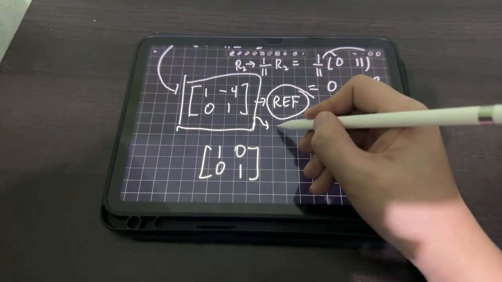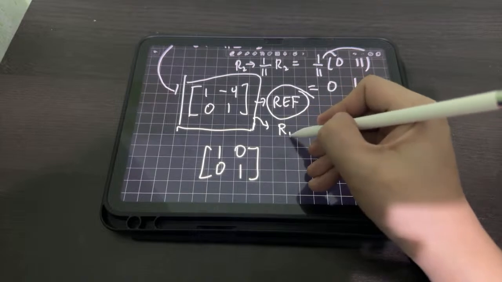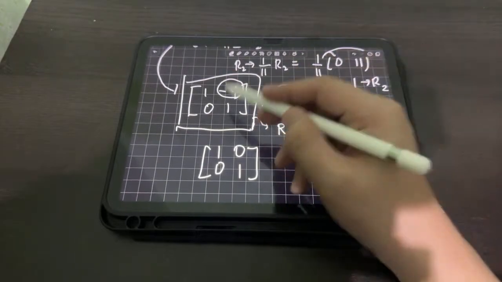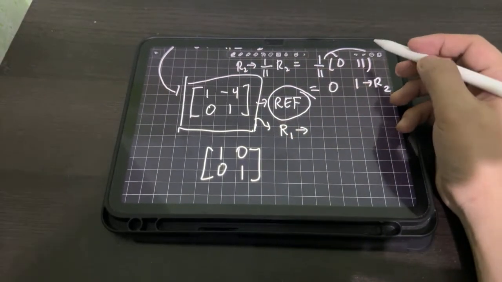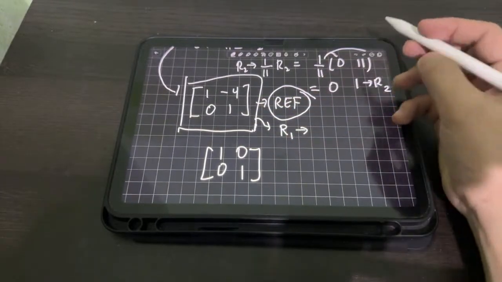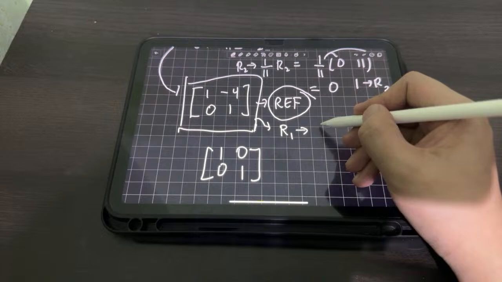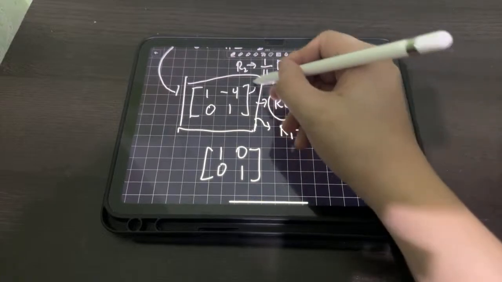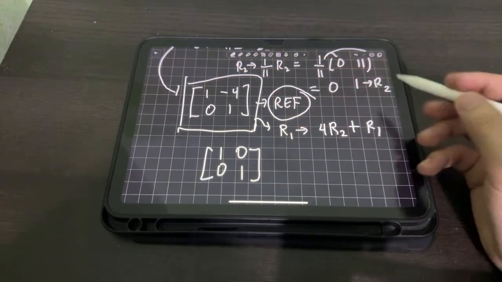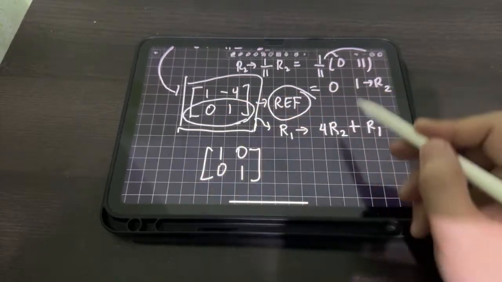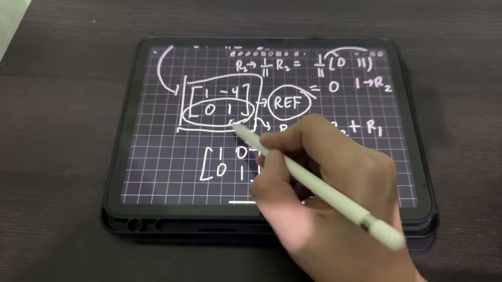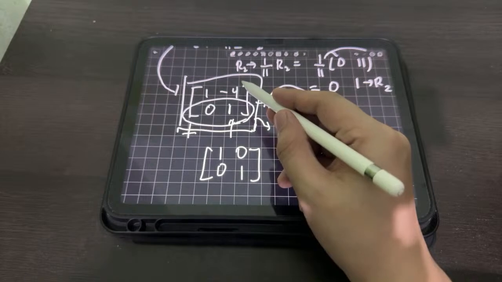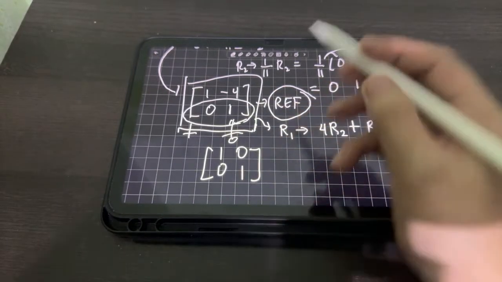So if we do R1 equivalent to, we should make this negative 4 into 0. So you can multiply the entries in row 2 by 4, and then add this to the entries in row 1. Because if you multiply the entries in row 2 by 4, this one becomes positive 4. You add this with negative 4, the entry in row 1, it will become 0, right?